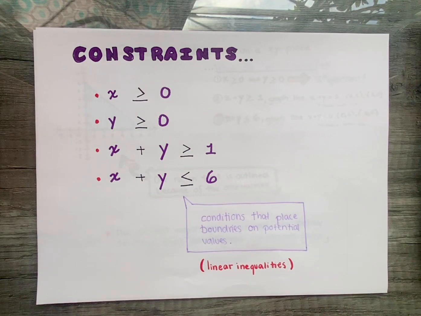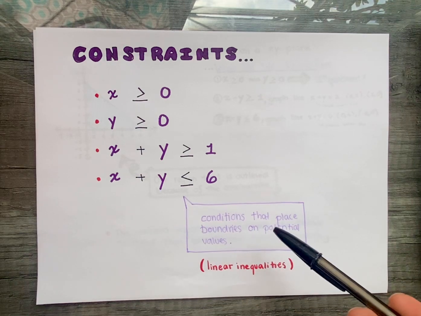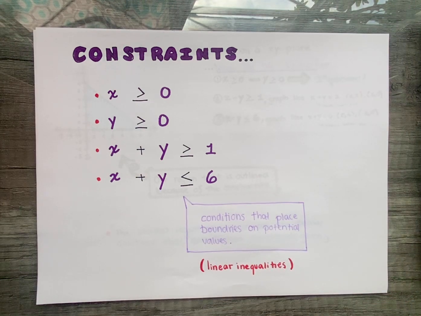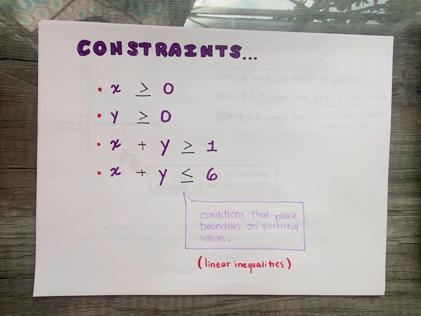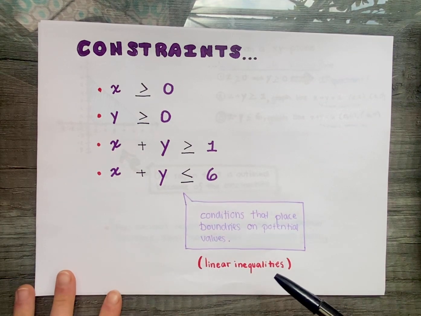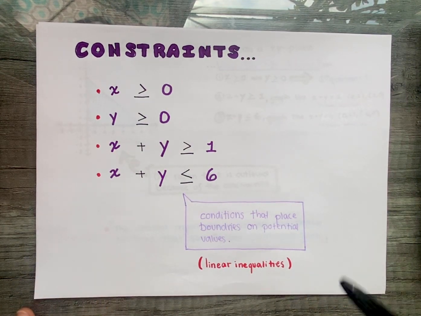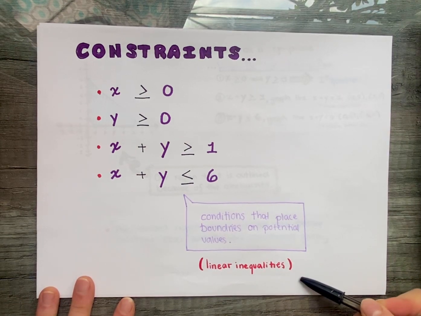I put a definition here, and it says constraints are conditions that place certain boundaries or limitations on potential values. And in this case, for our linear programming problems, we can see these as linear inequalities.